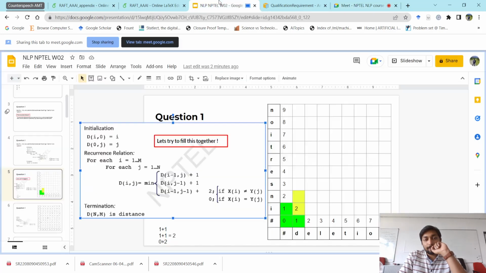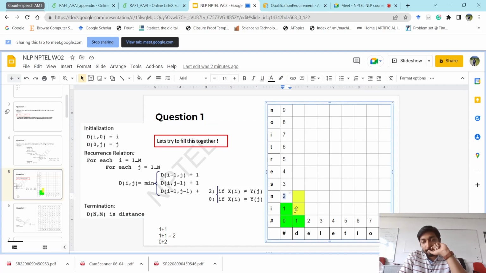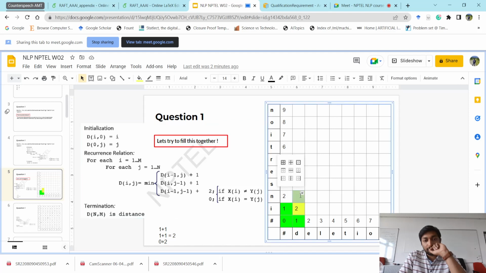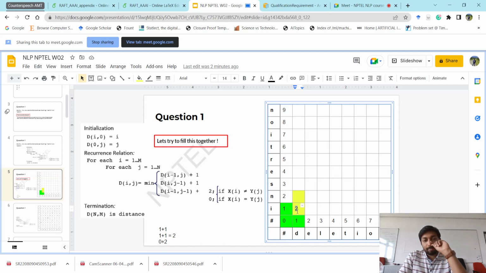1 comma 3. Yeah. So 1 comma 3 is this one, right? So I minus 1 will be this one, right? So we are doing this for this cell.